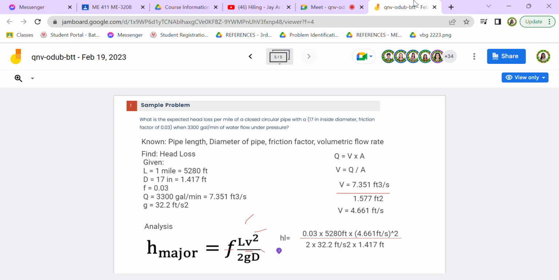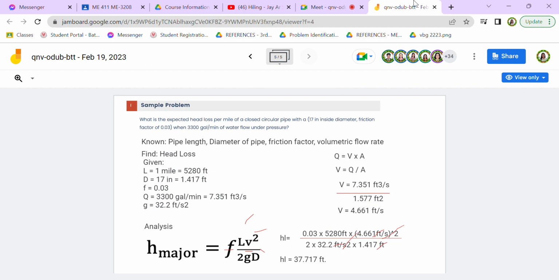Let's check if our units cancel out: feet squared over second squared in the numerator cancels with feet squared in the denominator and second squared, leaving us with 1 unit of feet.